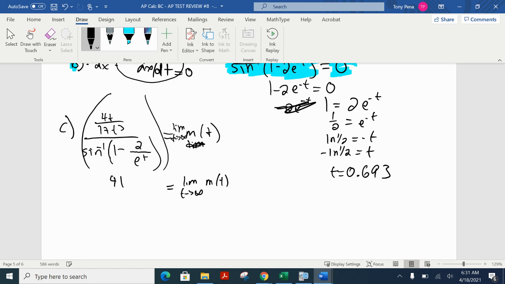So this would just be 4t divided by the 1 plus t cubed times the inverse sine of 1 minus 2 over e to the t. And then now think this through. We've had to do this a lot recently. Find the limit of that as our t's go to infinity.